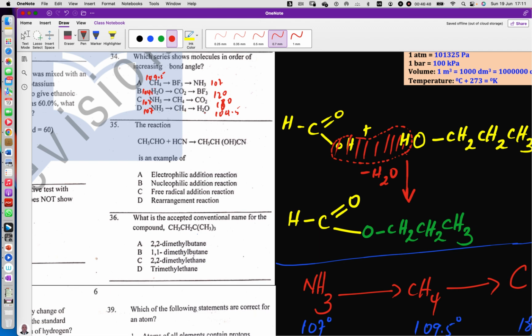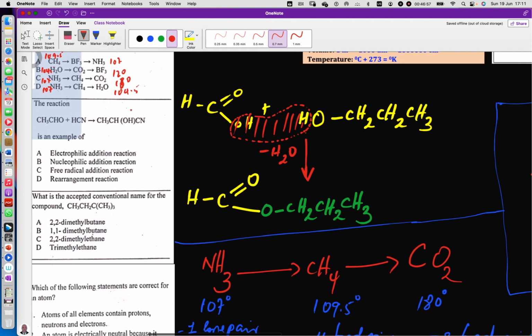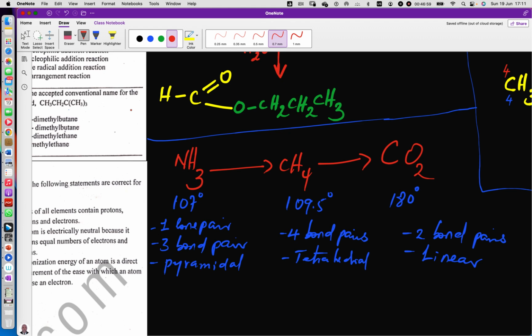It doesn't work. So C is going to be our right answer. If you analyze it like this, from ammonia to methane to carbon dioxide: ammonia is 107, methane is 109.5, carbon dioxide is 180.